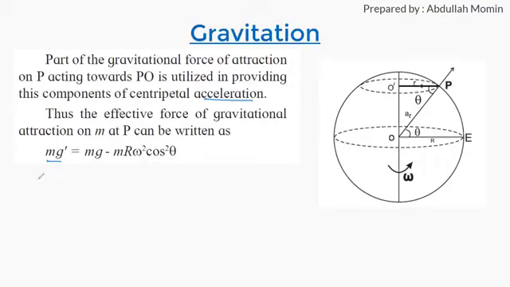Now we take m as common, so m g dash is equal to m times g minus R omega square cos square theta. This m and this m get cancelled. We get g dash is equal to g minus R omega square cos square theta.